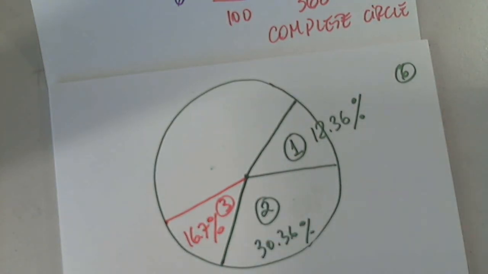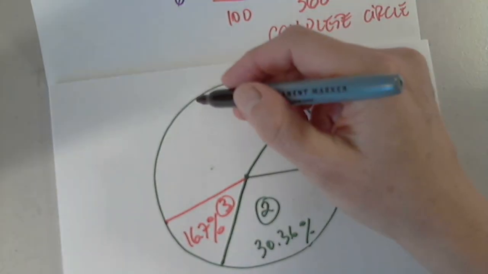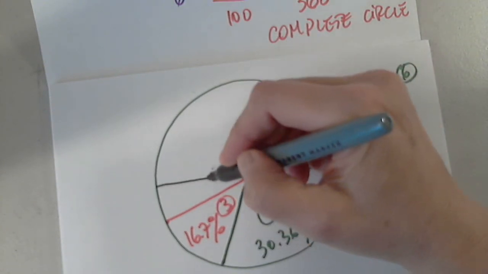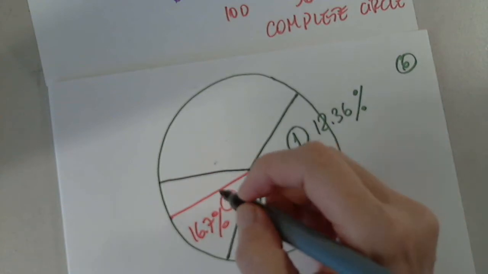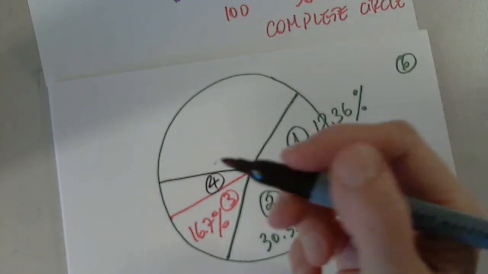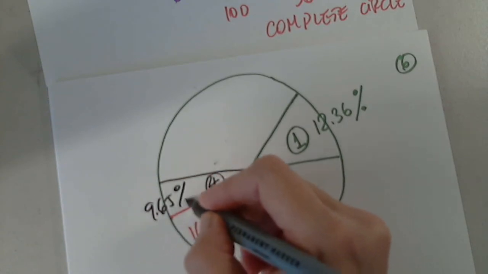Now I have 3 more categories. The next one is 35 degrees. So again, this is perpendicular here. About here, I would say it's going to be 35 degrees. So this is category 4, and that is 9.65%.